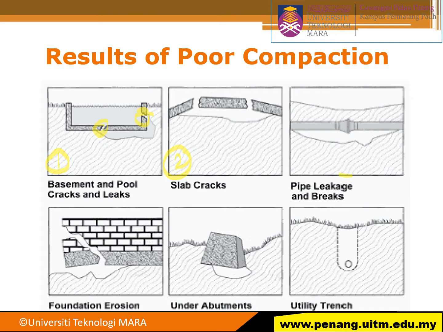And you will see here pipe leakage and breaks. And then we will see here is the foundation erosion. If you see here, under the abutment also has settlement and failure. And this one is the utility trench. Right, see? There may be a failure there, right?